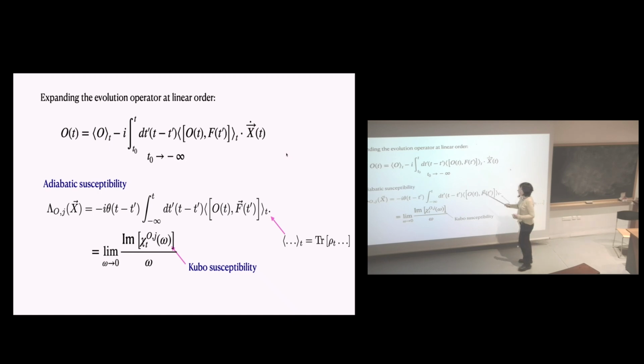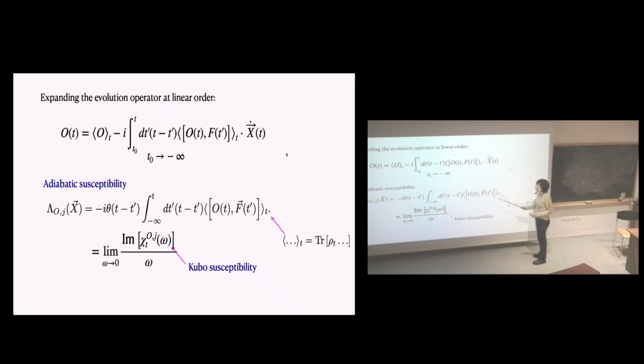As usual, we can send this T0, at which the perturbation is connected, to minus infinity. And we have this definition for the adiabatic susceptibility, the thing that enters here, which is related to the Kubo susceptibility.